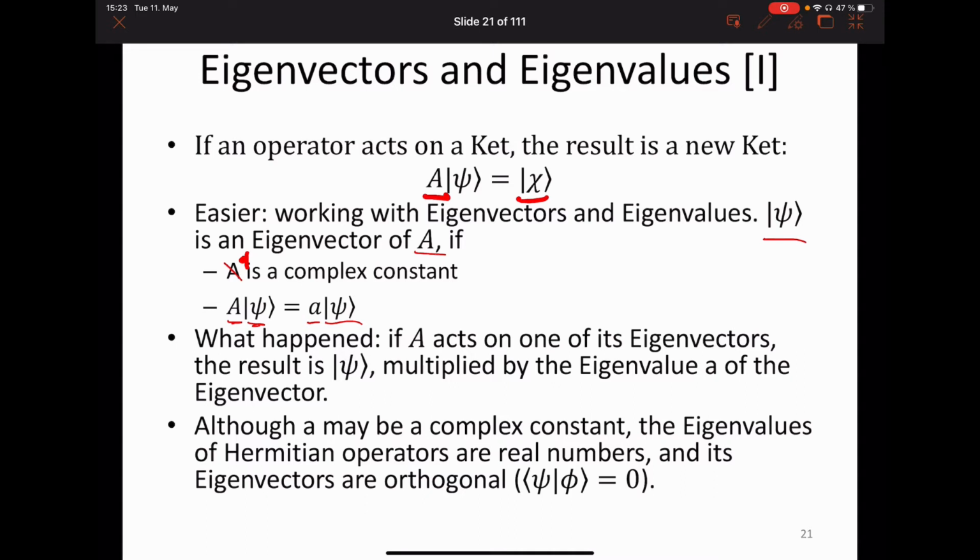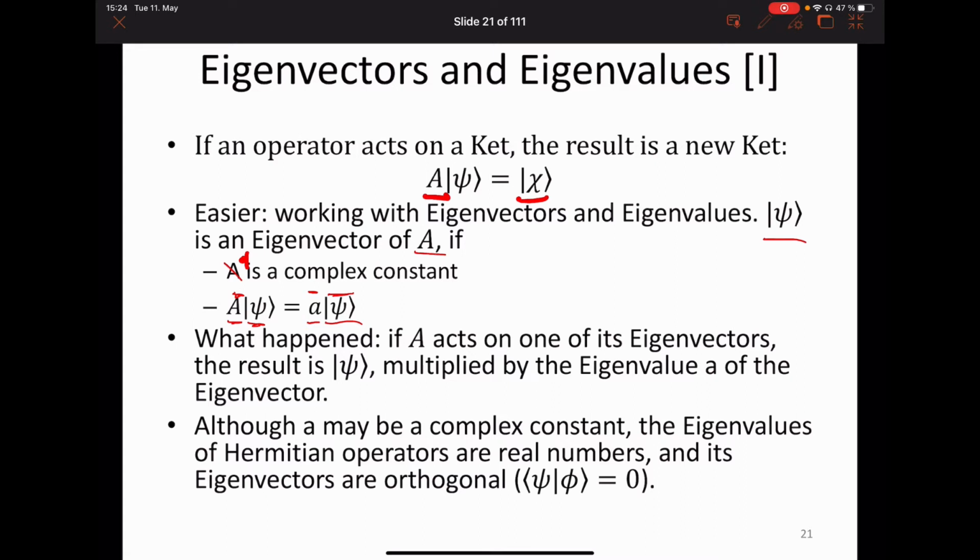If that happens, then psi here is an eigenvector of this operator and a is an eigenvalue. Remember we looked at that before, eigenvalues as scalar values in terms of the Schrödinger equations.